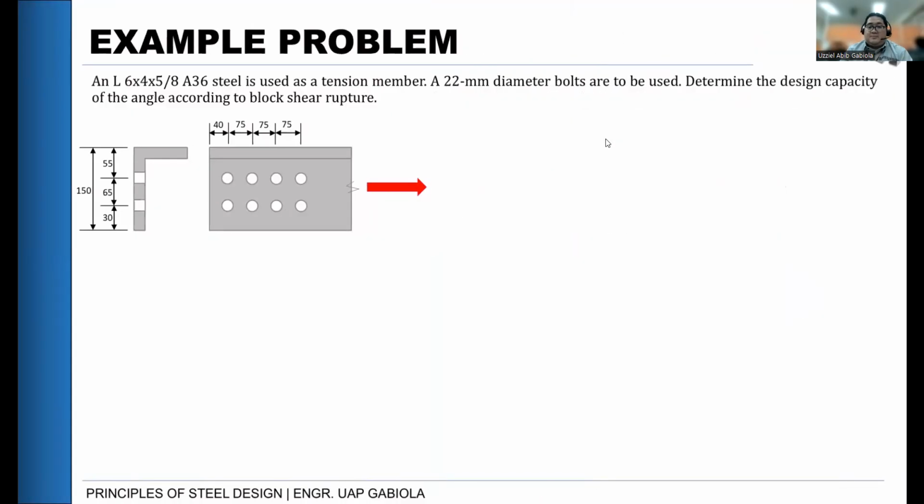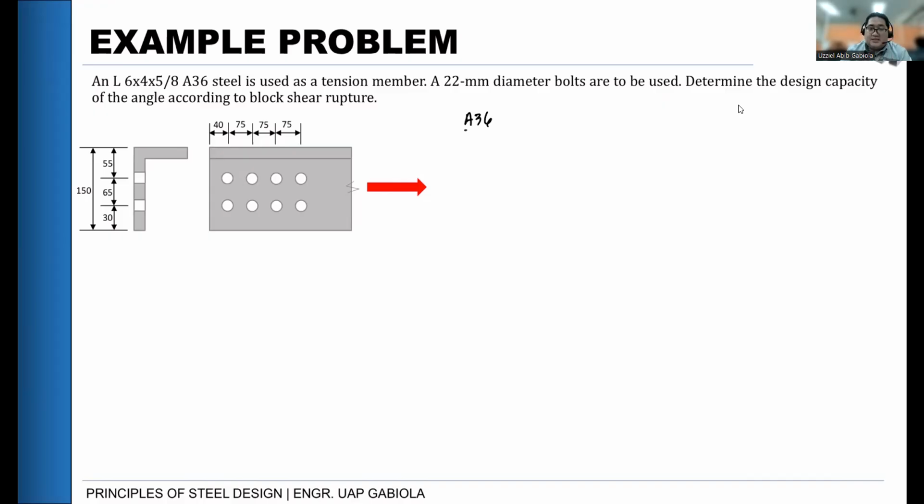So let's have this example. An angle L6 by 4 by 5/8, A36 steel is used as a tension member. A 22 mm diameter bolts are used. Determine the design capacity of the angle according to block shear rupture. Okay? So block shear rupture yung kinukuha natin. So looking at the example, we have a given na A36 na steel. Okay?